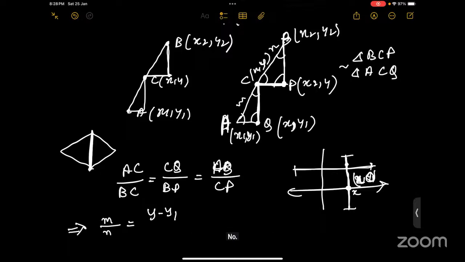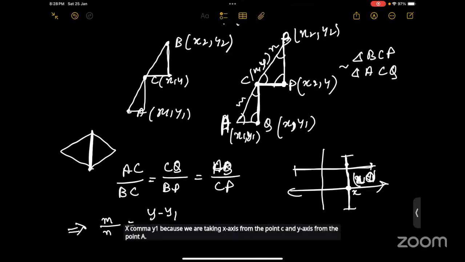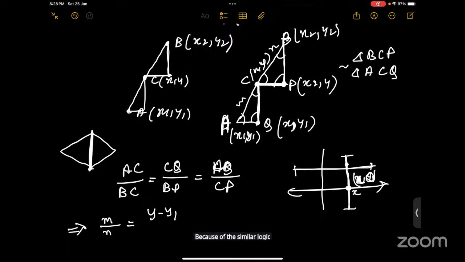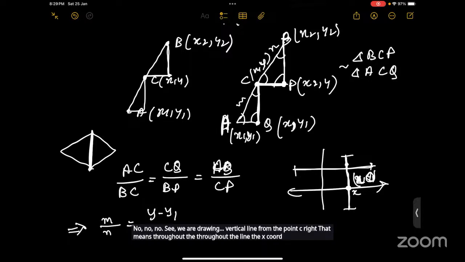X comma Y1, because we are taking the X axis from the point C and the Y axis from the point A. See, we are drawing a vertical line from the point C, which means throughout the line, the x coordinate will remain the same.